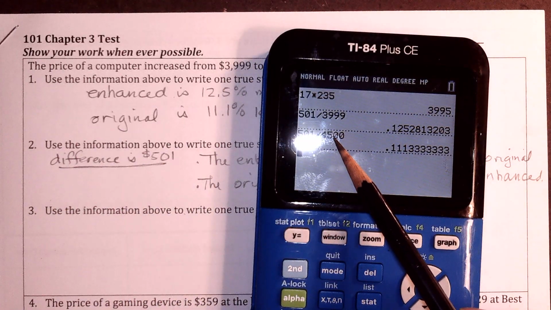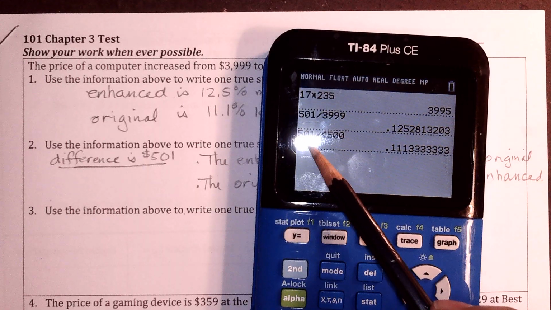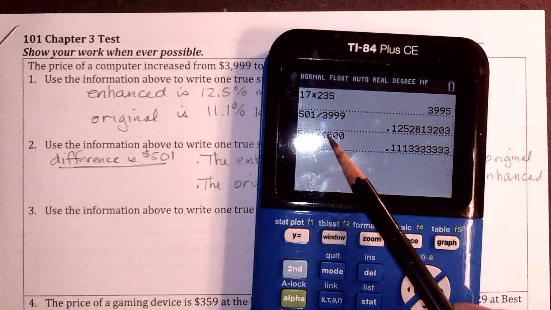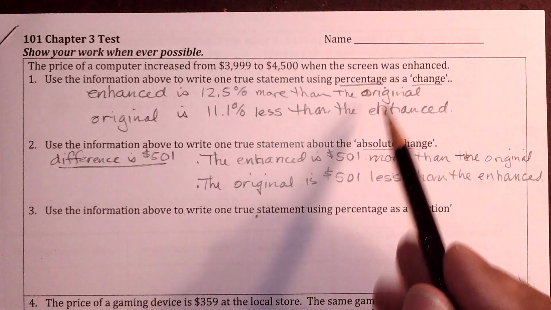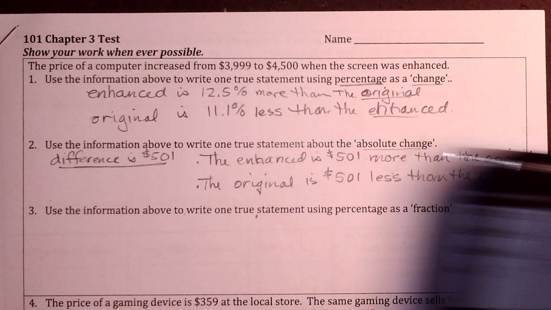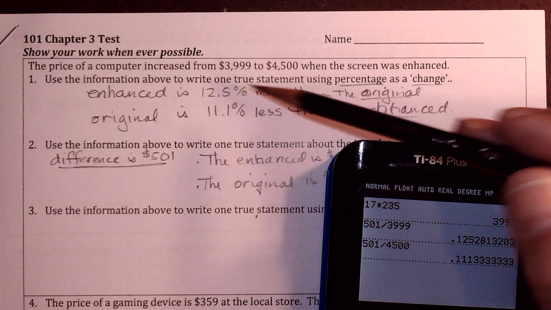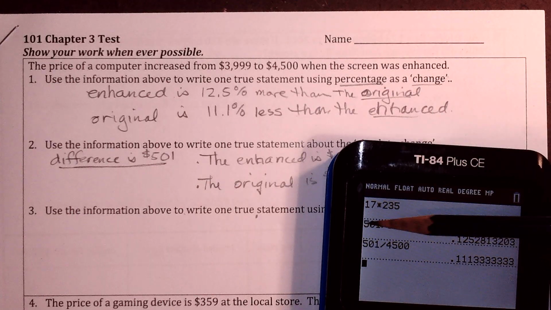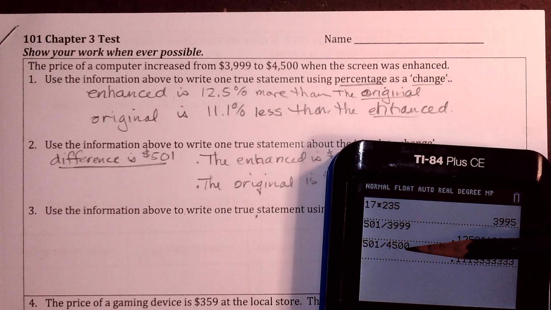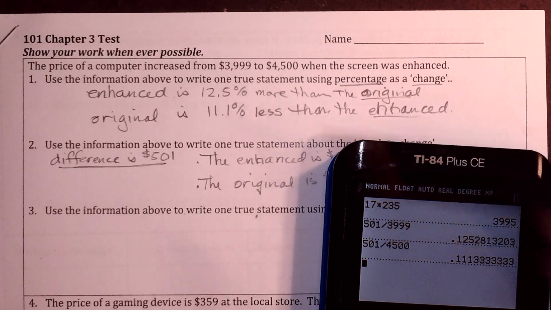We're comparing it to the enhanced price, how much was the change over the enhanced. So the one that's in the denominator of the fraction, $3,999, the original, and we're talking about this percentage is how much this amount is more than that. And then here we're talking about how the 501 is how much less than the 4,500 the original is. So the original is 11.1% less.